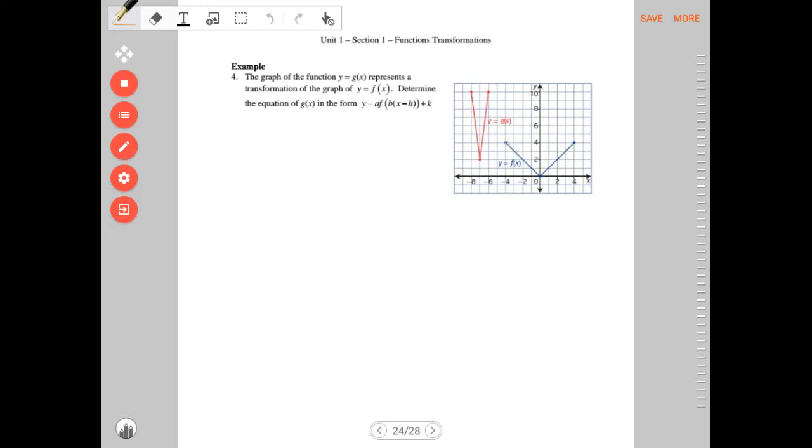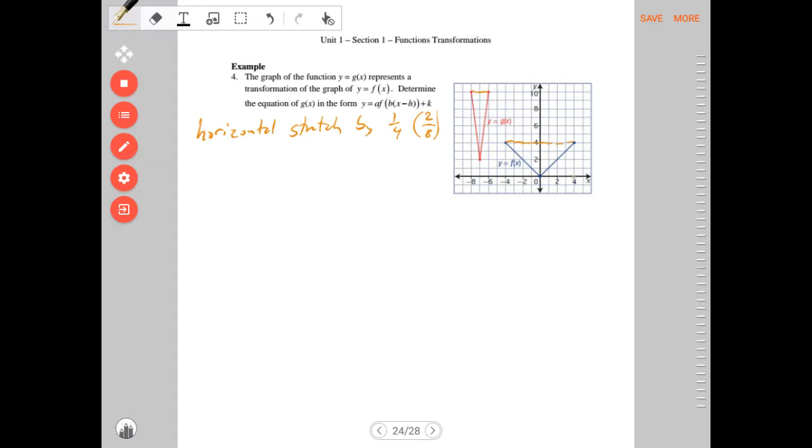The original graph is 1, 2, 3, 4, 5, 6, 7, 8 units wide. The new graph is only 2 units wide. So that means there was a horizontal stretch by 1/4. Does that make sense? It goes from 8 to 2. The image point is 2, the original is 8, so that reduces to 1/4. So that's the horizontal stretch by 1/4.